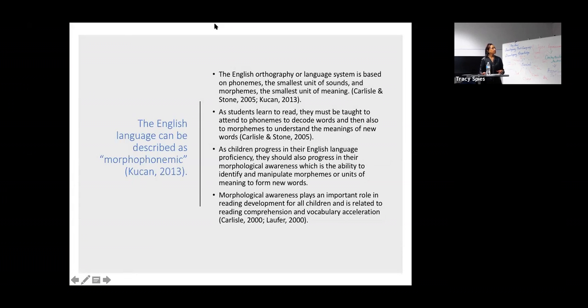Okay, so let's talk about this approach. This approach, in terms of vocabulary development, really focuses on the awareness of morphemes in words. I know that you've had the class here on, I don't even remember at this point what is taught.